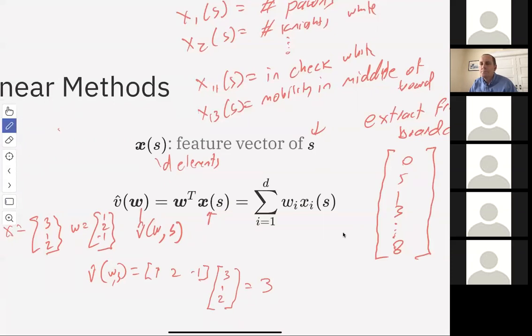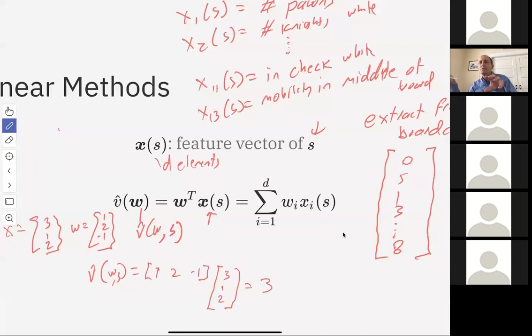Questions on that? So how is this good as approximation? Or how is this good for generalization, let's say? Well, let's say we have another board configuration that has the same number of pawns and knights and so on, but a pawn is in a different configuration. A pawn is moved from this space to this other space. But as far as the feature vector is concerned, it's still the same.